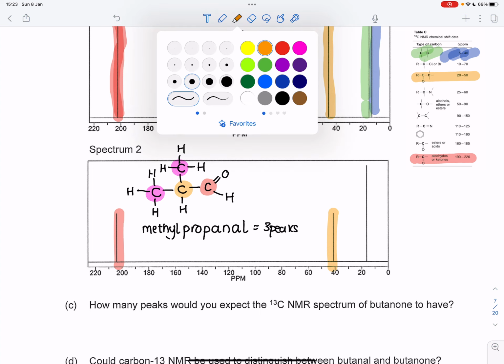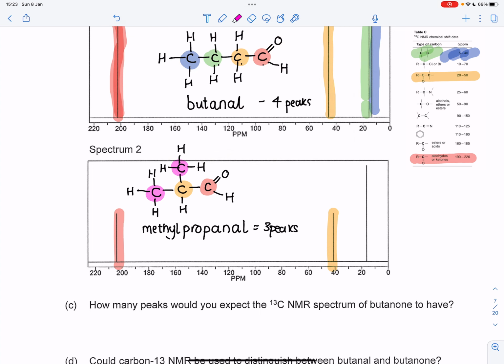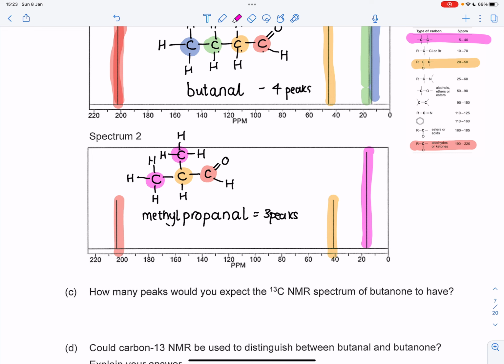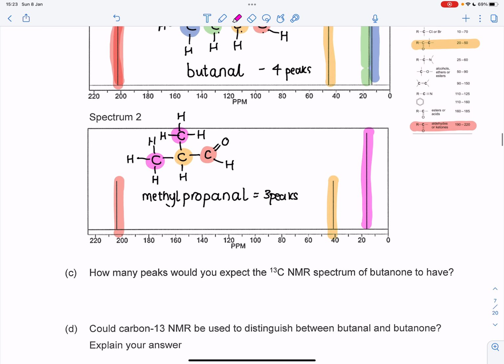And then our final type here would be this 5 to 40 type, and we've just got 2 of them. The peak looks bigger on the spectra because there's more carbons of this environment, and it all matches nicely up with what we were expecting.